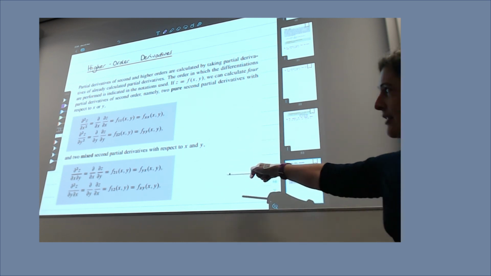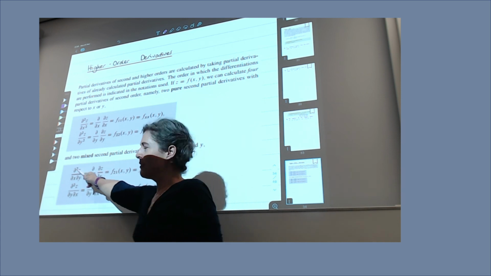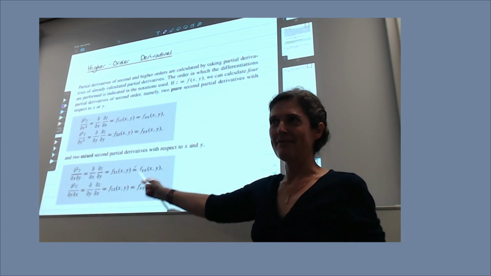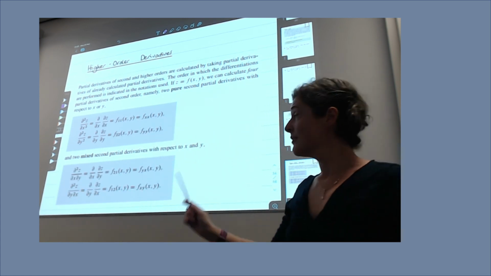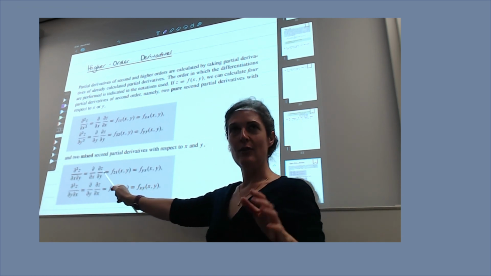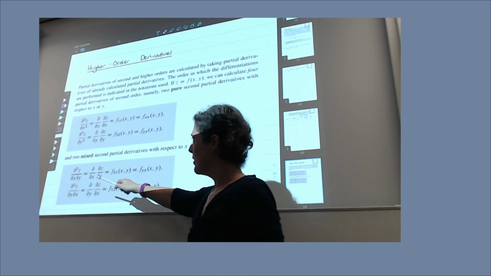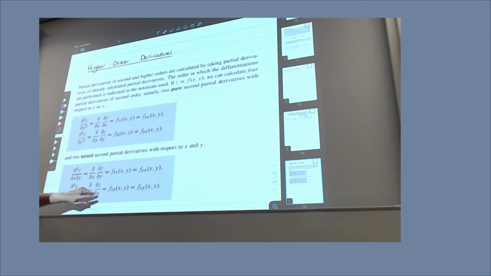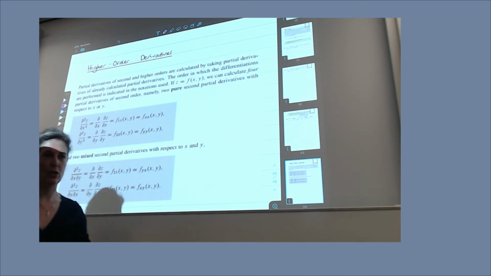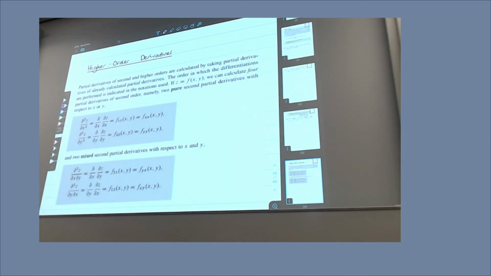But the good thing is that if you have nice curves, taking the derivative with respect to y first and then with respect to x is in fact the same as taking the derivative with respect to x first and then with respect to y, if your curves are well behaved, which ours are.